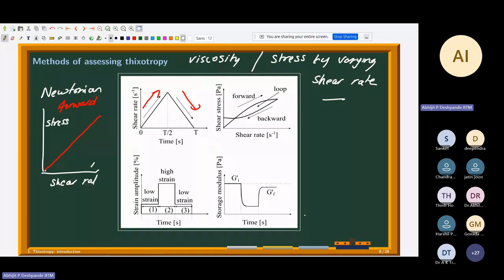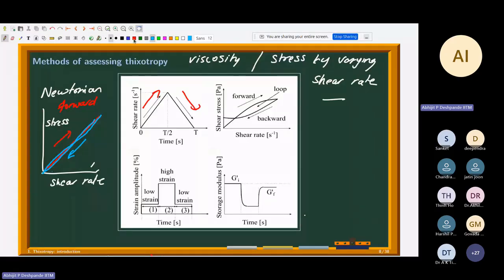And then when we decrease the shear rate, we will again get the same result back. Whether it's going forward or backward, we get exactly the same stress. The way I have drawn it, of course, it is not superimposing, but that's because of my hand not being steady. Otherwise, forward and reverse is identical.